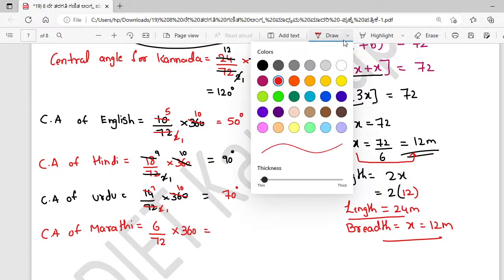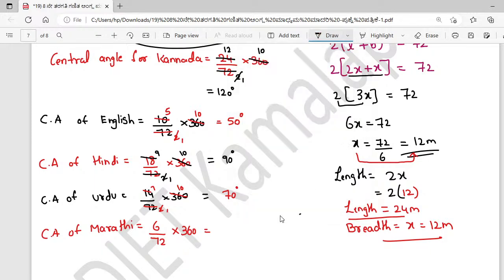Okay, so let's do the calculation part. Same thing. Yeah, many of you have got the right answer very well. So 36 tens are, 36 twos are, 2 ones are and 2 threes are. So 3 tens will give us 30 degrees. Okay, and that's it for the central angles of all the languages.